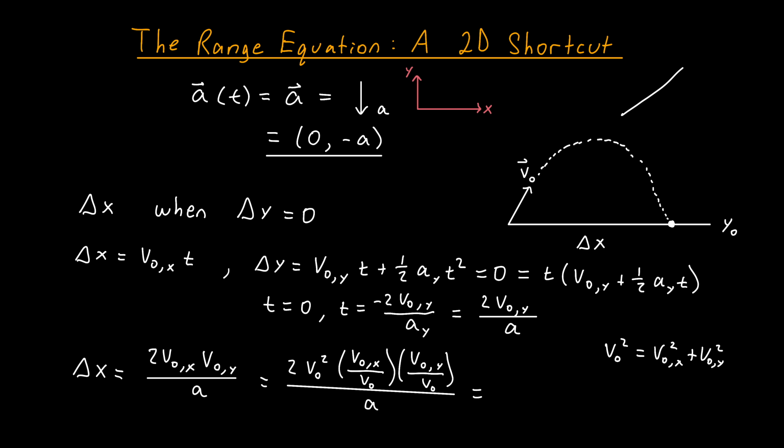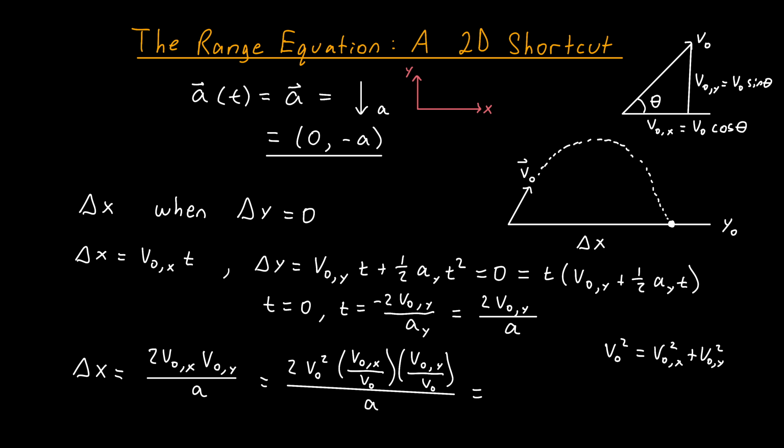If we have a big vector v0, and we have some angle theta to the x-axis, then we can always say that v0x is v0 times cosine theta, and the y component over here, v0y, is v0 sine theta. That just comes from trigonometry and the definitions of sine theta and cosine theta, right? So using that, we can replace v0x over v0 with cosine theta, and v0y over v0 with sine theta.